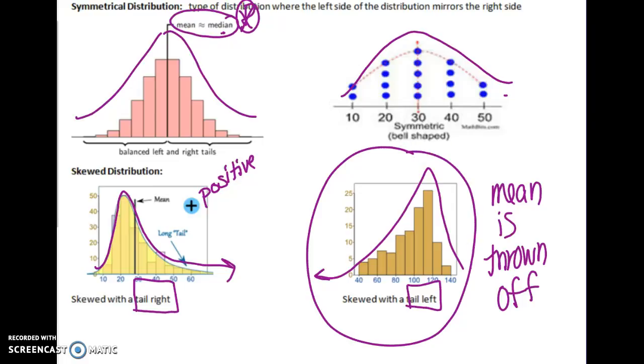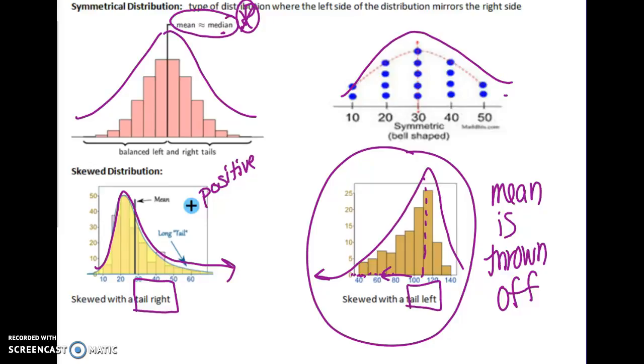You would think that the mean could be somewhere around here with most of the data, but what's happening is that these little points that are tailing to the left are pulling the mean more to the left. So in skewed data, the mean is thrown off. So we don't like to use the mean for skewed data.